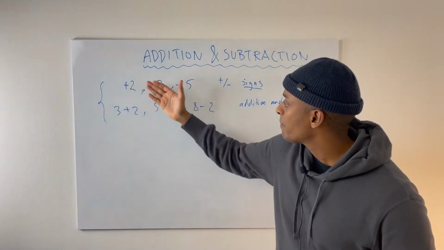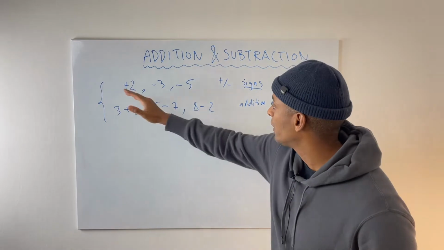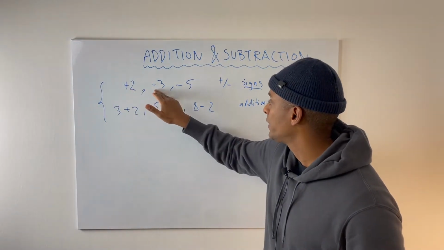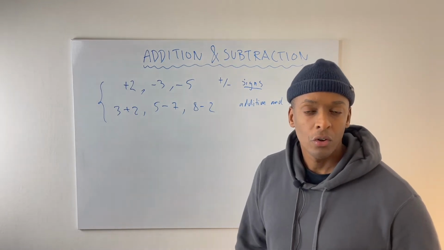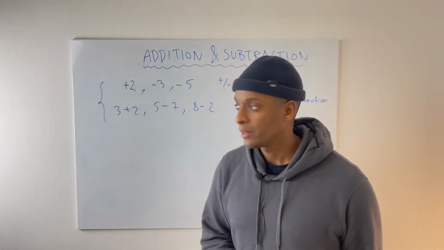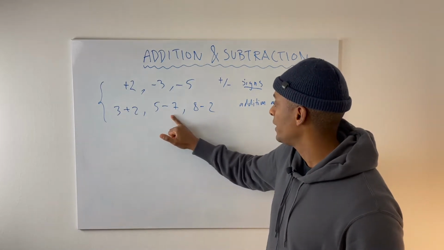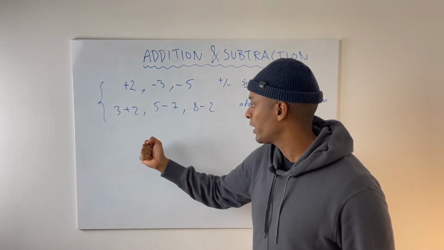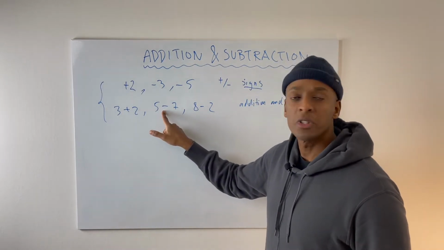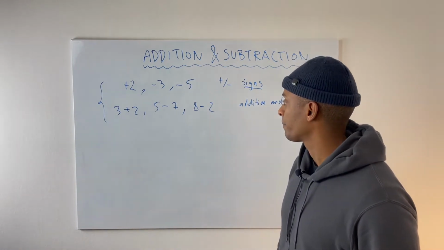So plus and minus means different things. Here, the plus and minus sign tells you whether a number is positive or whether it's negative. But when we write the plus and minus sign this way, we talk about addition, adding those numbers together, or subtraction. So this is quite tricky.